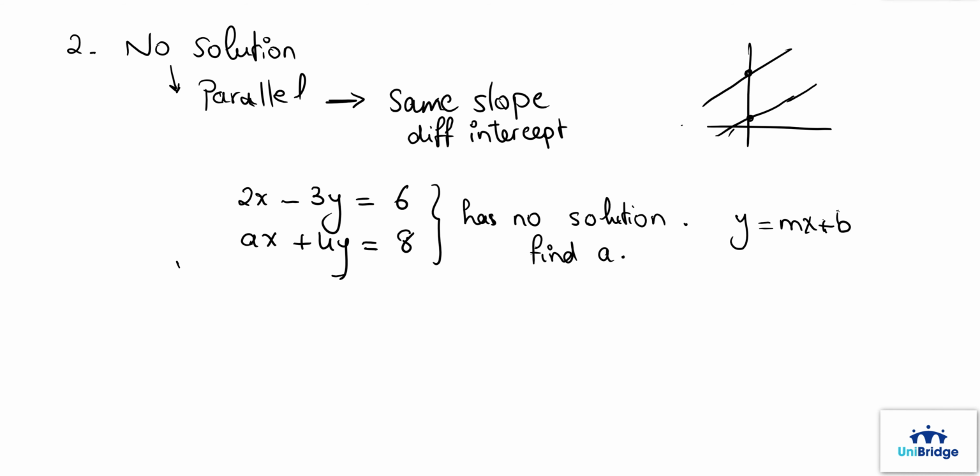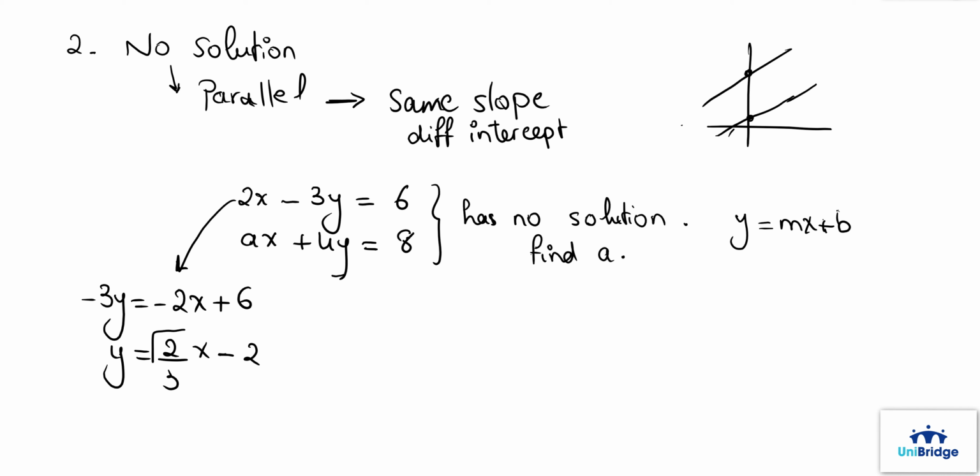So I take the first equation and rearrange it. I'll put the negative 2x to the other hand side, plus 6, and then divide the whole equation by negative 3. So I'm going to get 2 over 3 x, and 6 divided by negative 3 is going to be negative 2. Once you rearrange, you'll find that the slope of the first equation is 2 over 3.